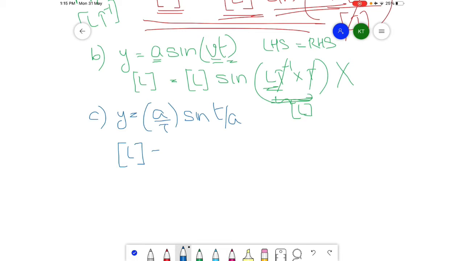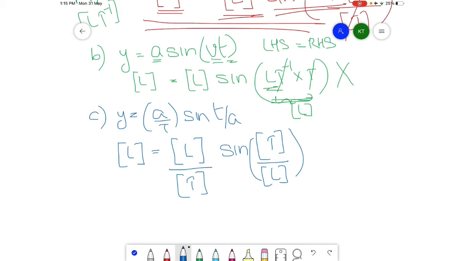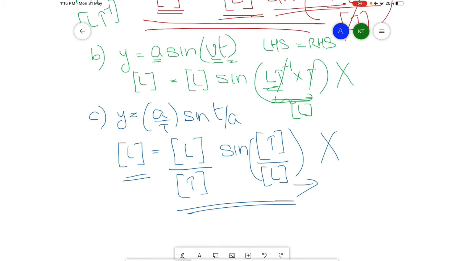We know y is displacement, its dimensional quantity is L. A is displacement, so its dimensional quantity is L. Time is represented by T. Sine of t by a is represented by dimension T by L. Here also we can see that this is not a dimensionless quantity. This is not equal to LHS, so even this equation C is wrong.